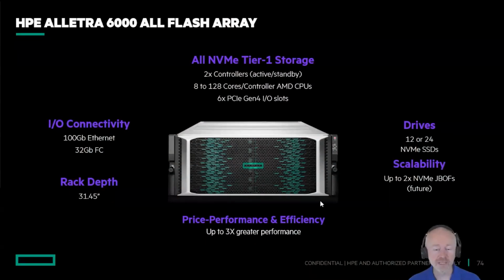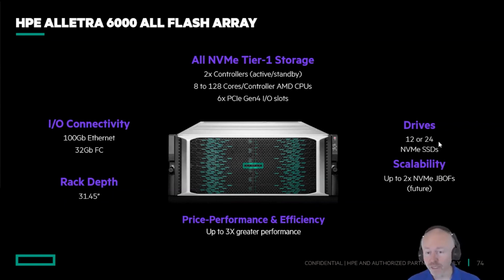This is how it looks. It looks like an Electra 6000, only at the back, I have a picture at the back. There is no controller in there. It's just a pass-through module to connect the NVMe connectivity with the main controller. The connectivity is done through 100 gigabit Ethernet or Fibre Channel.